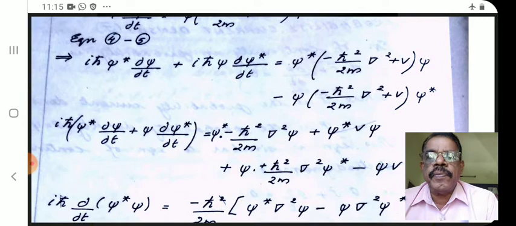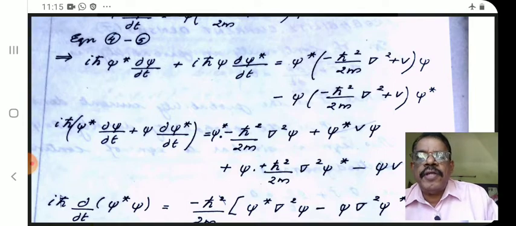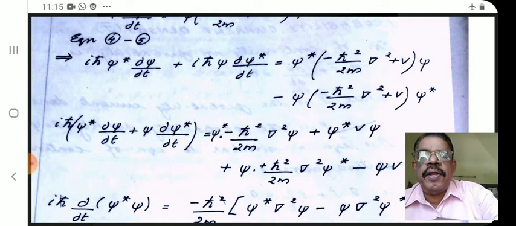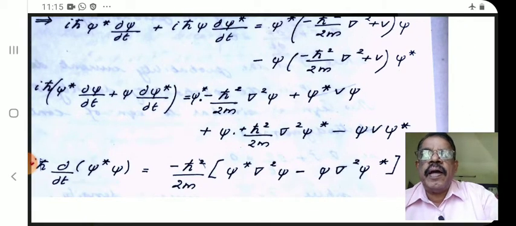Plus, minus into minus plus, psi ħ squared by 2m del square psi star, minus, there is a minus outside the bracket, minus psi V psi star.